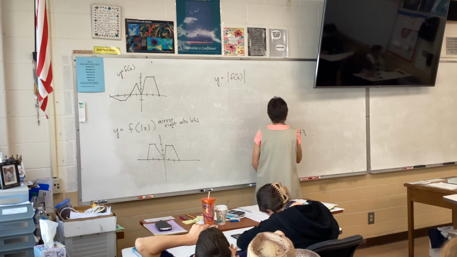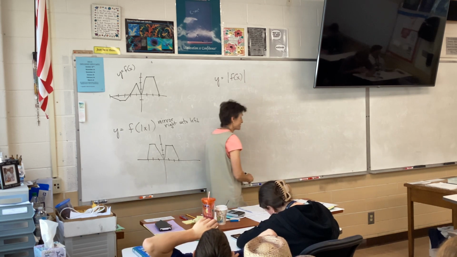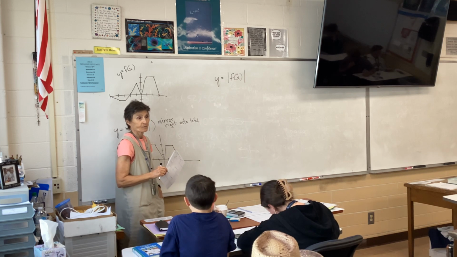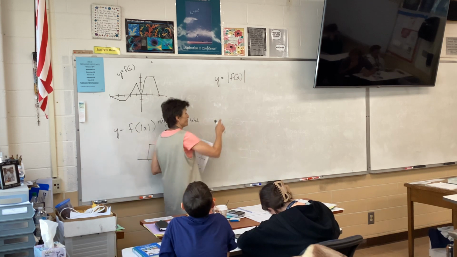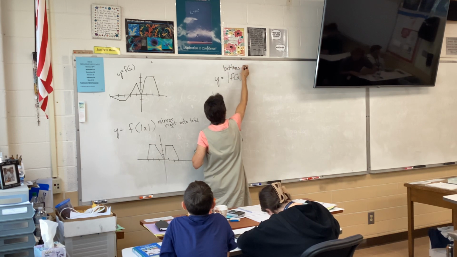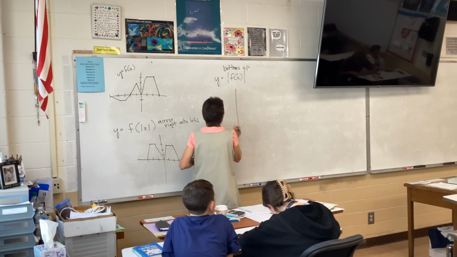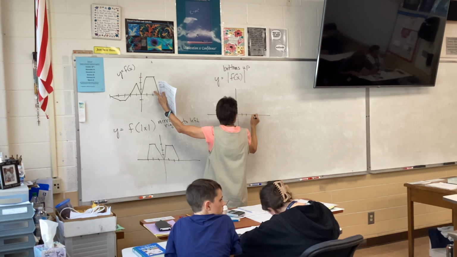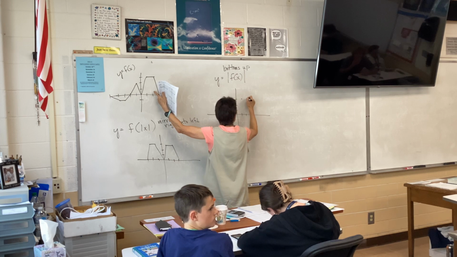Now, look at the next one. Don't get these mixed up. The next one is different. What does this one do? The bottoms come up, so bottoms up. Now, that means in terms of my original picture, the big trapezoid is not changing.